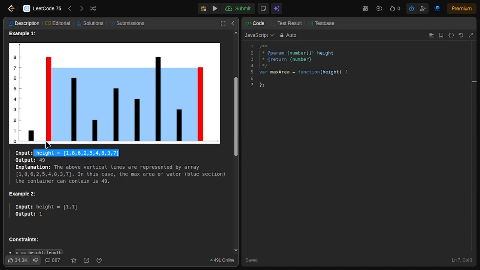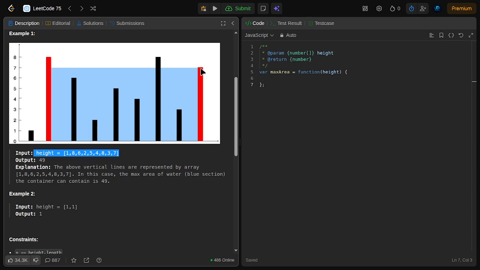First we have to calculate the length, then the breadth, because the area of a rectangle is length times breadth, just a simple formula you also know. So basically we pick two lines, they form a container, and the water stored depends on the minimum height of the two lines. Like this height is 8 and this height is 7.